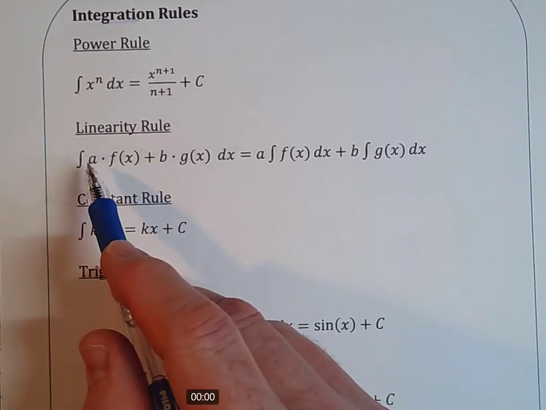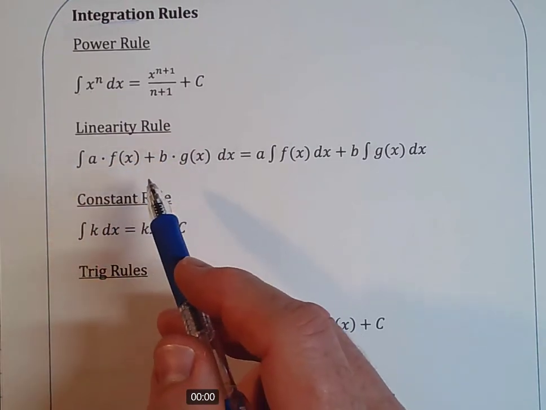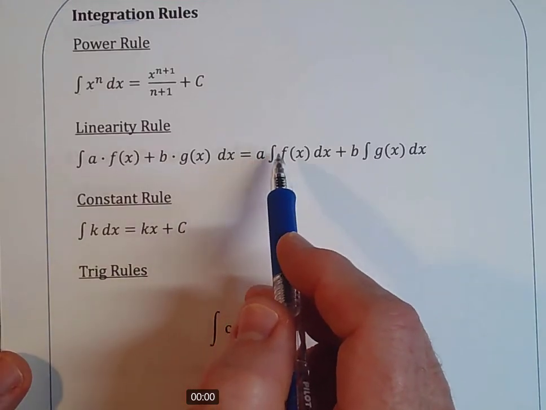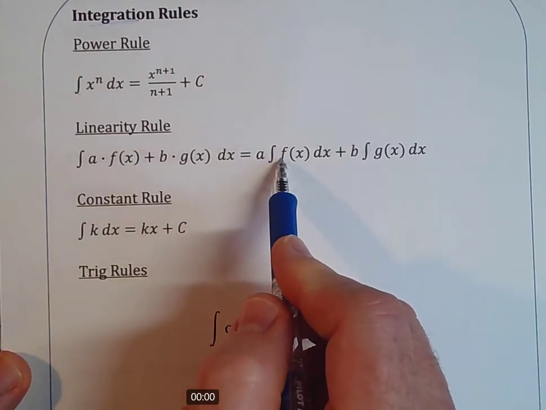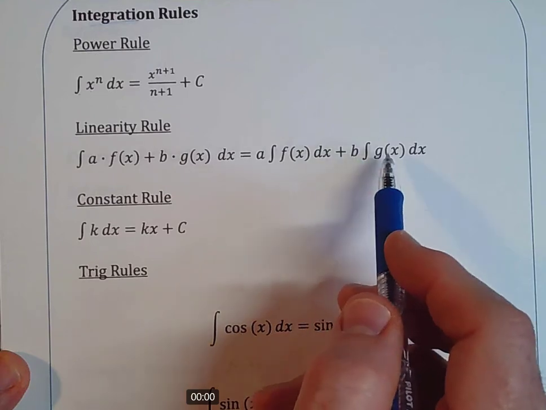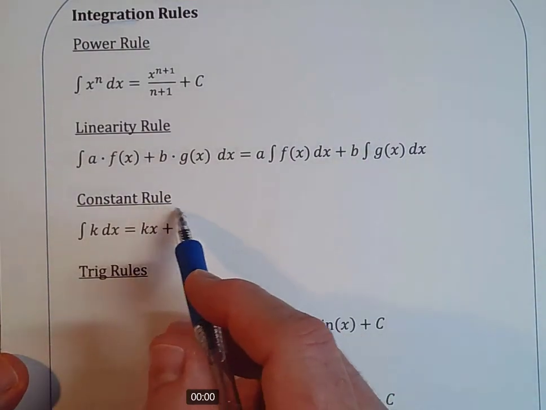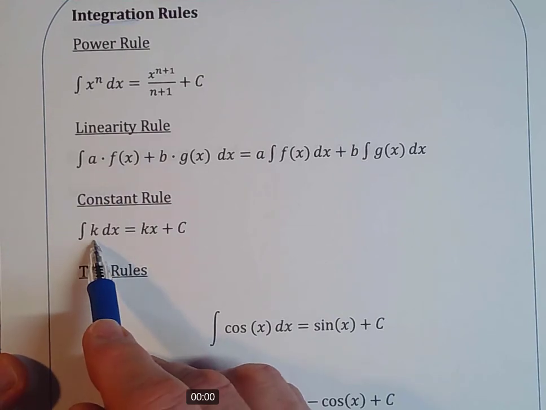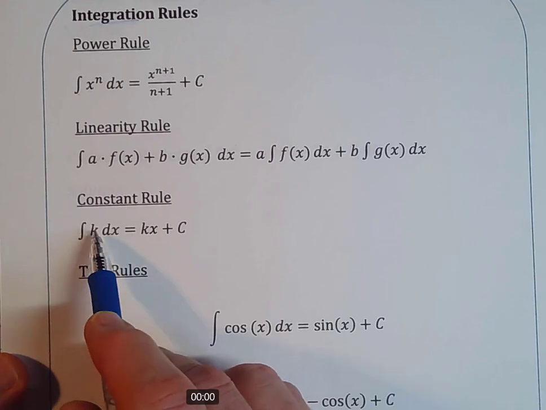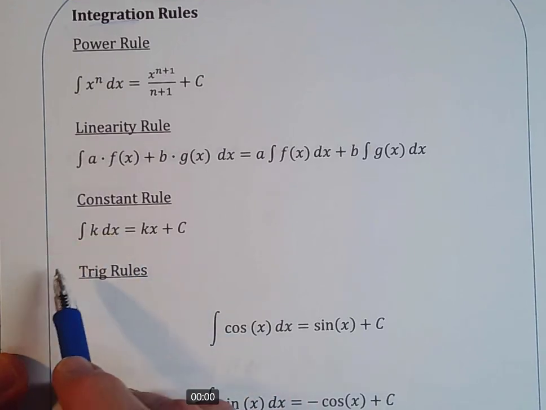If we're trying to find the antiderivative of that, then we're just going to leave the a where it is and find the antiderivative of f of x. I'm going to leave the b where it is and find the antiderivative of g of x. The constant rule: if I've got a constant here, then when I take the antiderivative of that, or the indefinite integral of that, I'm just going to multiply that by whatever the important variable is there.